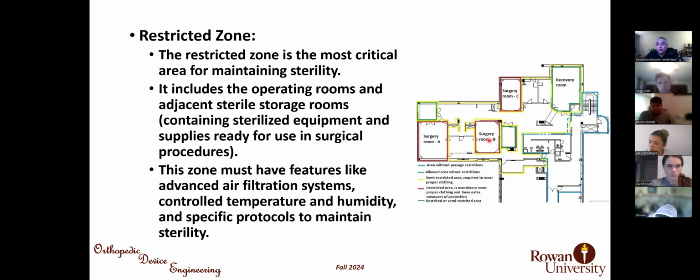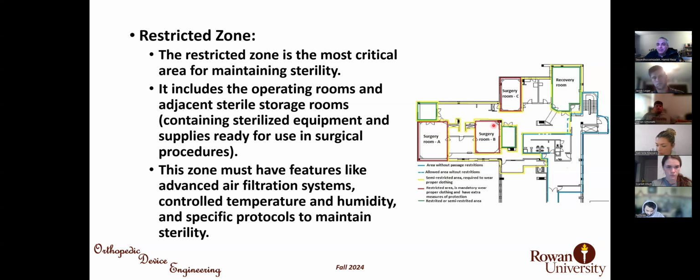Usually we have two rooms for these sterile equipments. One is general room. We don't have in this map. One is a general storage room. When the equipments are sterilized, they are carried to this general storage room. But during the surgery, the equipments that are necessary for that specific surgery are moved close to this operating room.